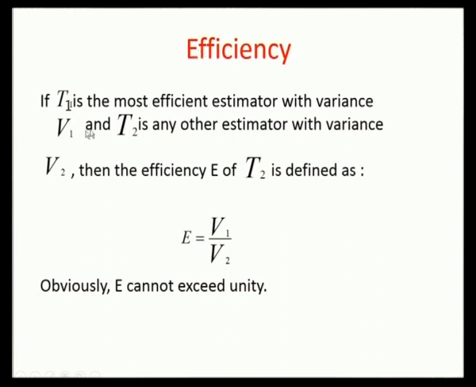If T1 is the most efficient estimator with the variance V1 and T2 is any other estimator with the variance V2, then efficiency E of T2 is defined as E equals V1 by V2. And you know that E cannot exceed unity. In other words, E can always lie between 0 and 1.